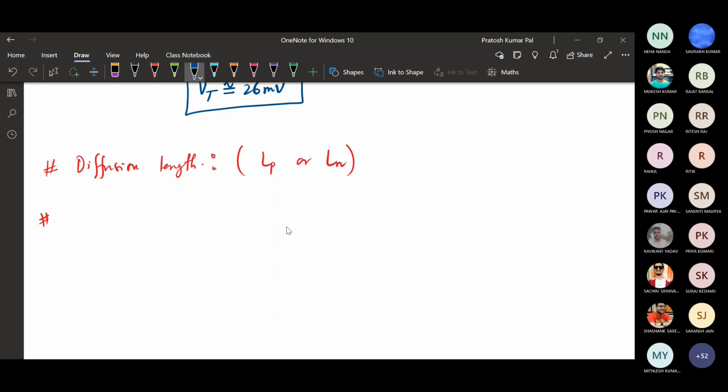This diffusion length is basically defined as the distance migrated by the charge carriers in presence of diffusion. So what distance these charge carriers are moving, that is called diffusion length.